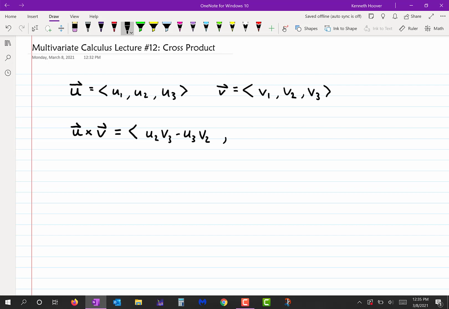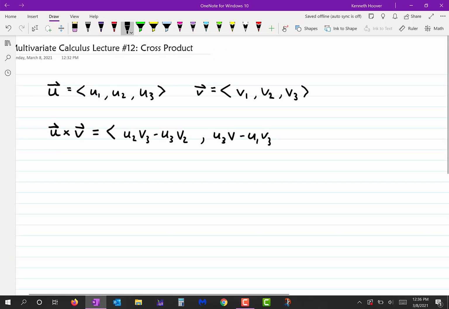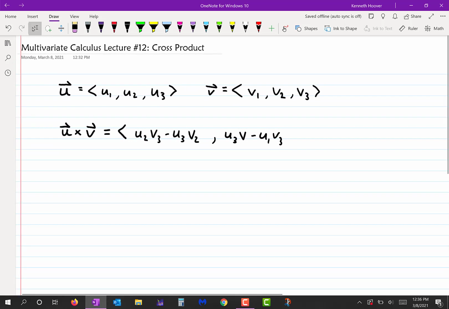And then the second component is u3 times v1 minus u1 times v3. And the third component is u1 times v2 minus u2 times v1.